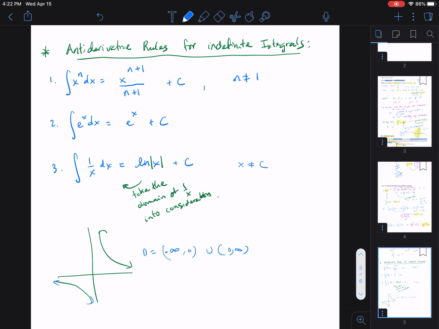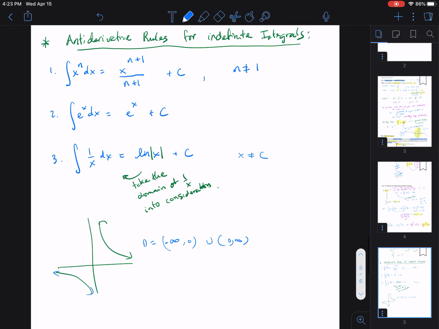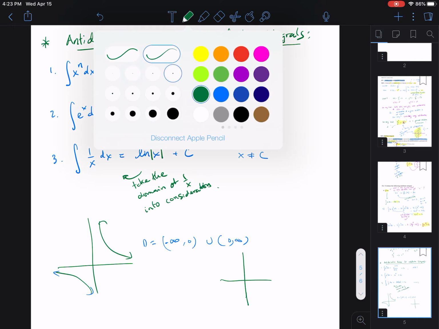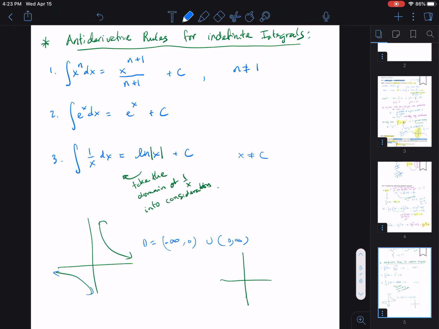By putting the absolute value of x there, the natural log is now defined for both intervals. And it turns out the graph of the natural log of the absolute value of x looks something like this, something like that and something like that.